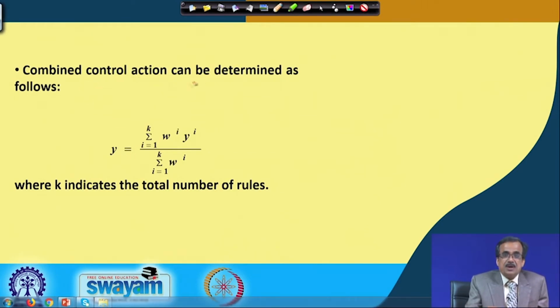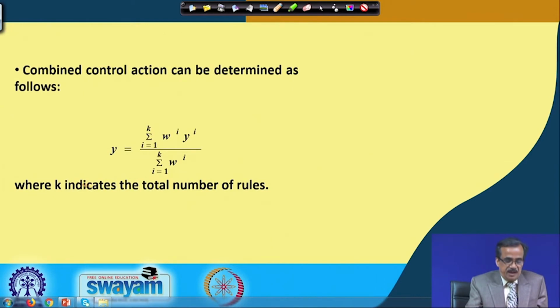Now, for the combined control action, this output y is nothing but summation i equals 1 to k w i multiplied by y i divided by summation i equals 1 to k w i.